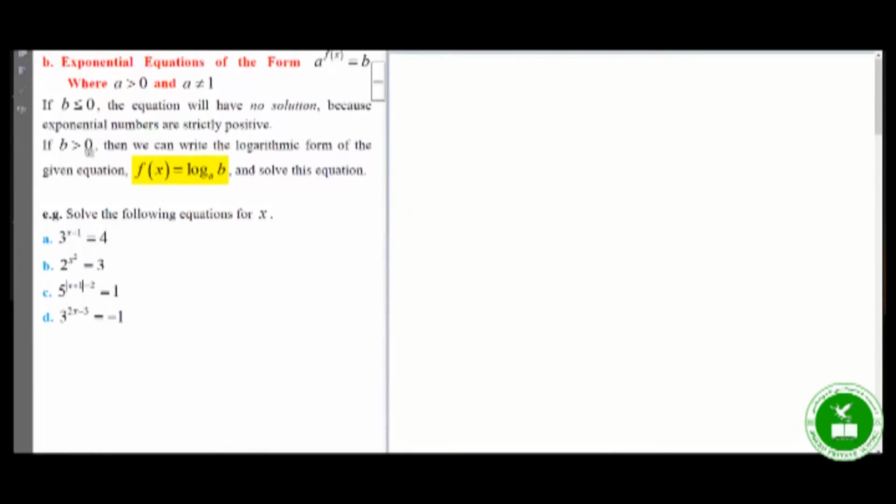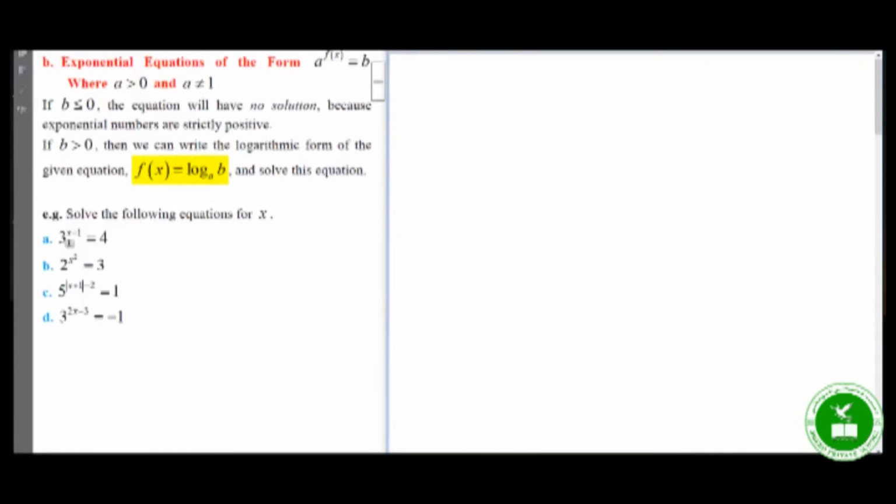But if b is a positive number, we write this exponential equation in logarithmic form, f of x is equal to logarithm of b to the base a, and then we solve it for x.